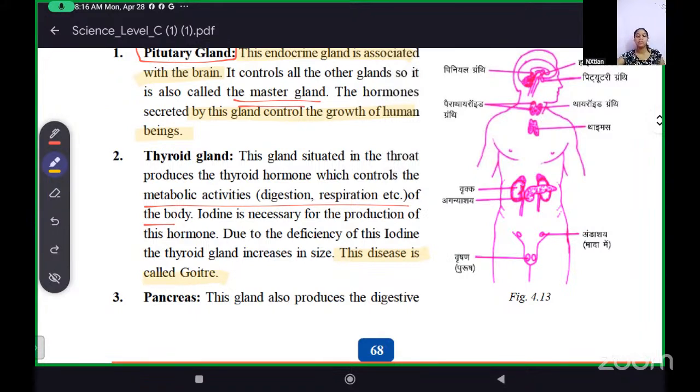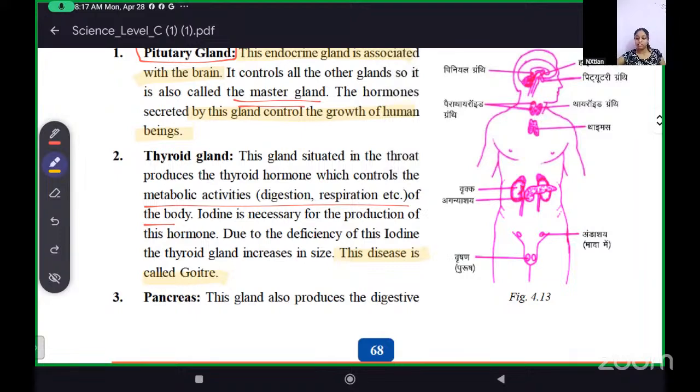What happens in that disease is a deficiency of iodine in the body. Because iodine regulates the thyroid gland, when iodine is deficient in our body, the thyroid gland increases in size. That leads to a condition known as goiter.